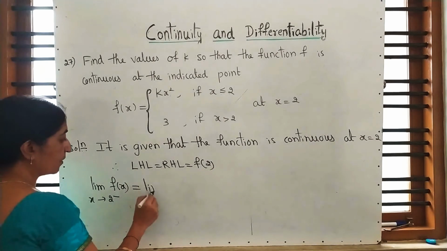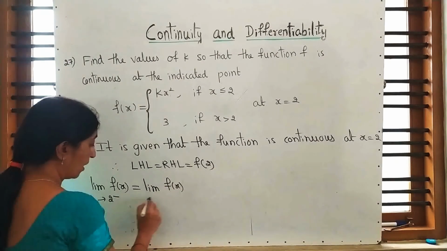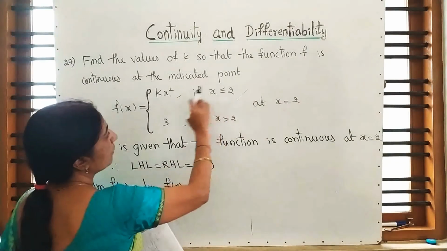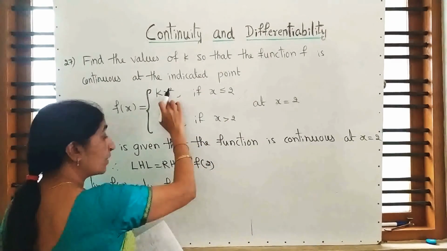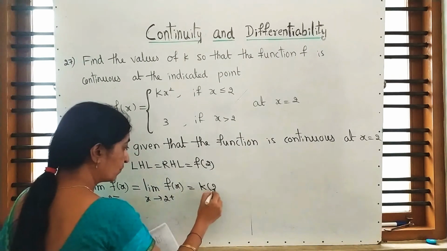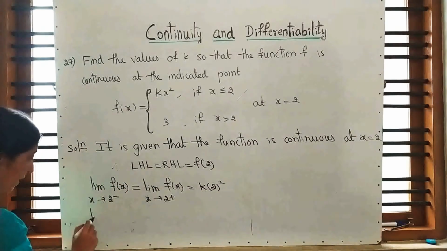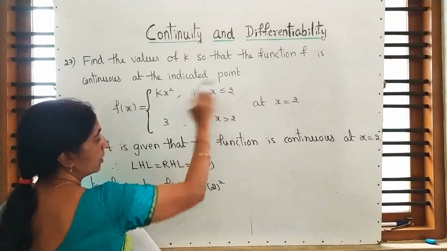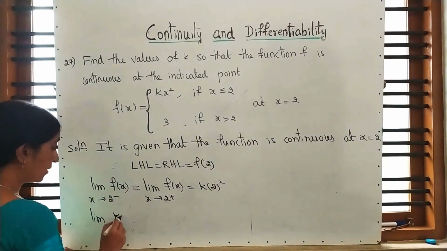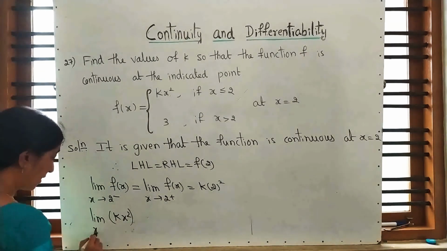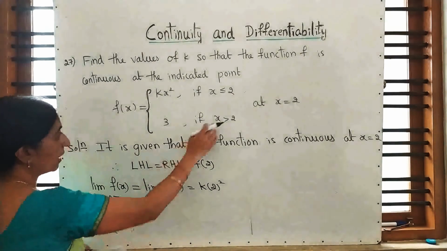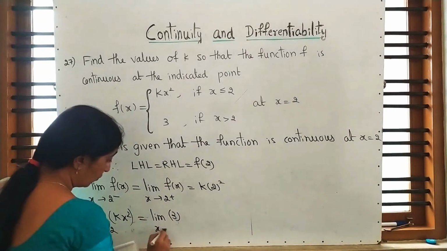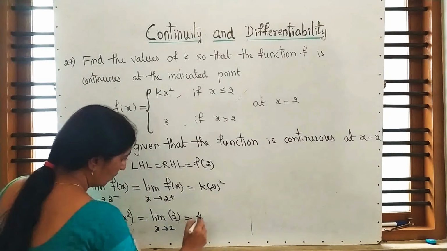RHL is limit f of x as x tends to 2 plus. And f of 2 means we are selecting this, and wherever x is there we are writing 2. So for the left side we are selecting the first expression, because in the first expression x is less than 2. So it is limit of kx square as x tends to 2, and for the right side we are selecting the second one, because there x is greater than 2, and this value is 4k.